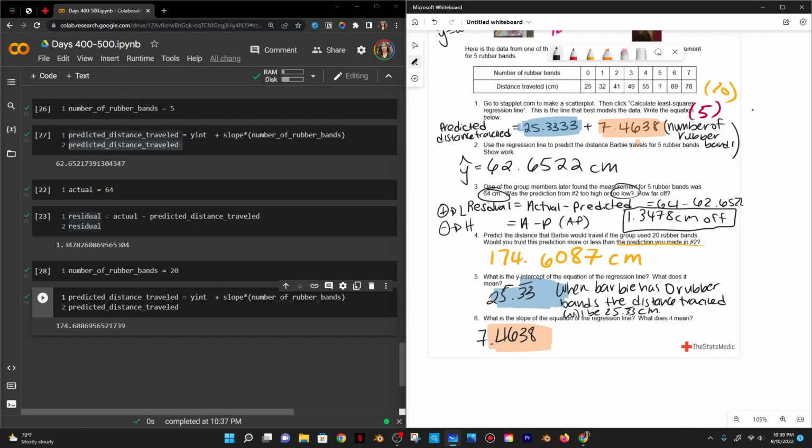And what that means is just that for each number of rubber bands, or for one rubber band, the predicted distance traveled increases by 7.4638 centimeters.